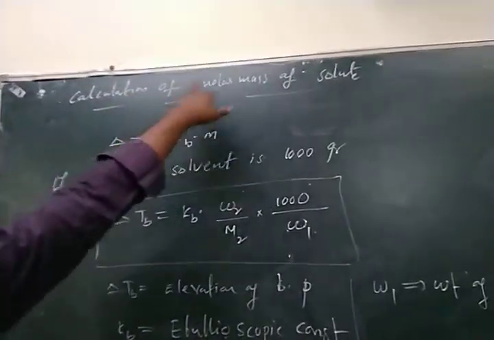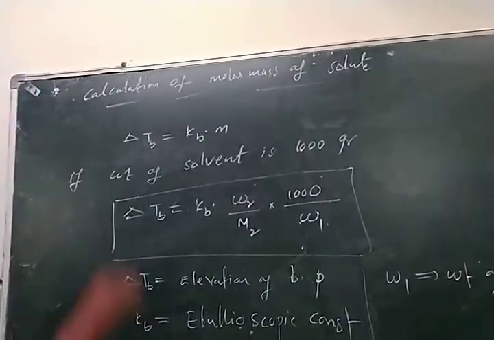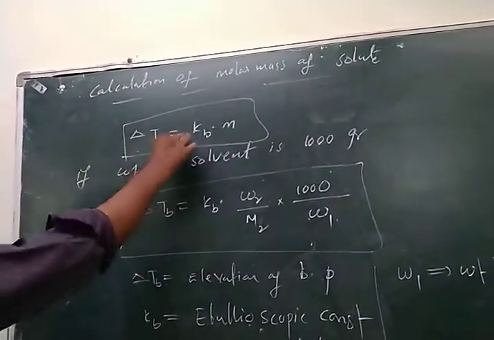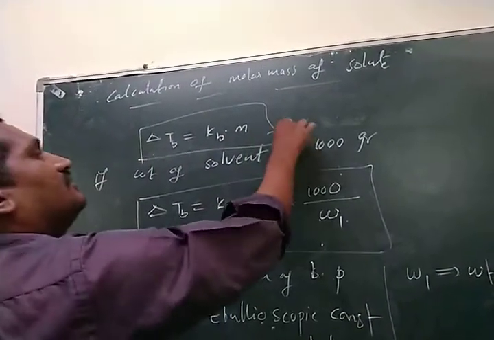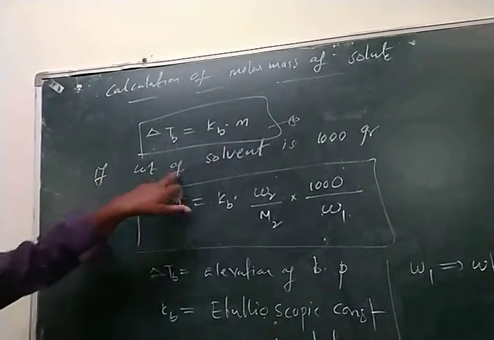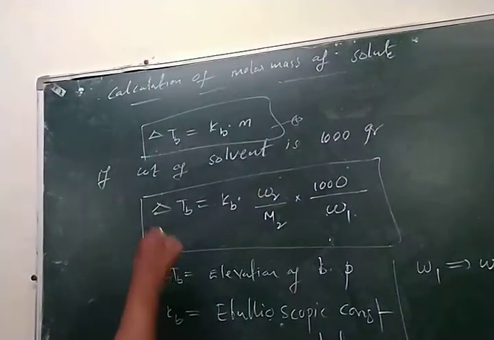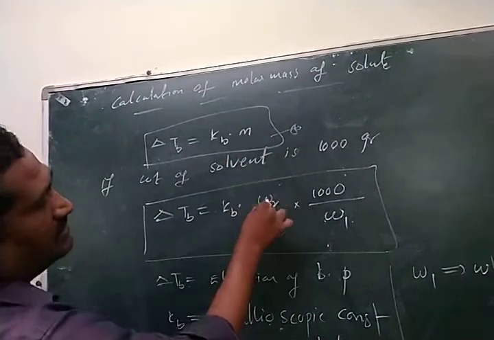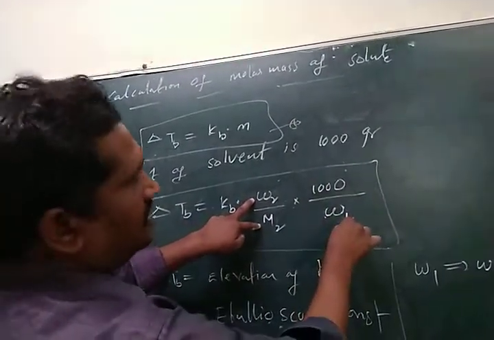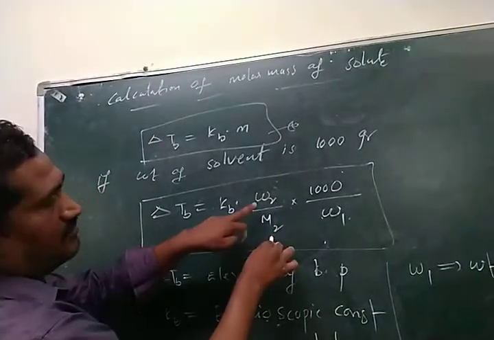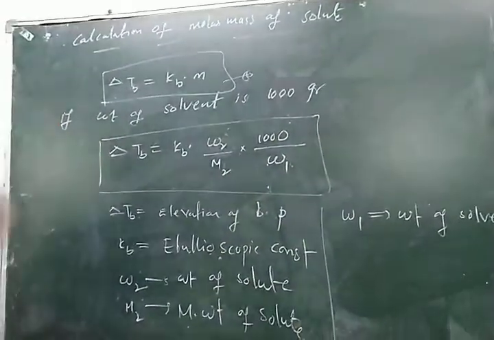Next, calculation of molar mass of solute. Know that the elevation in boiling point equals the ebullioscopic constant into molality. This is the main equation, very important. So if the weight of solvent is 1000 grams, now delta T equals Kb into molality, which equals the weight of solute by molecular weight of solute, into 1000 by weight of solvent. That means the number of moles of solute present in W1 grams of solvent.